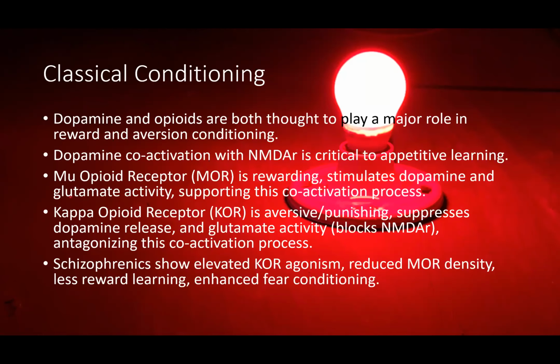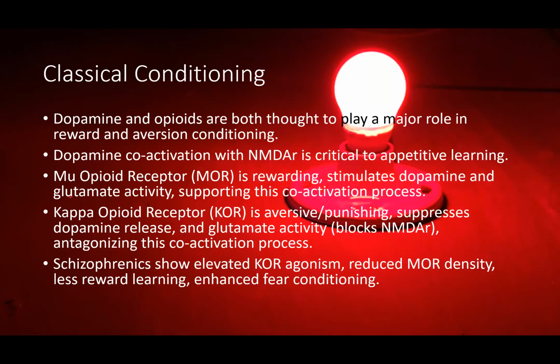And then on the other hand, there is kappa opioid receptors, which are aversive instead. They are not rewarding, but instead they are dysphoric. Studies have shown that stress related aversion was mediated by the kappa opioid receptors.